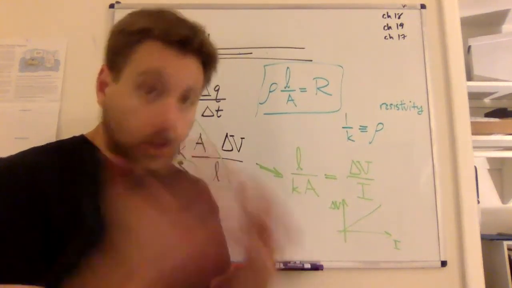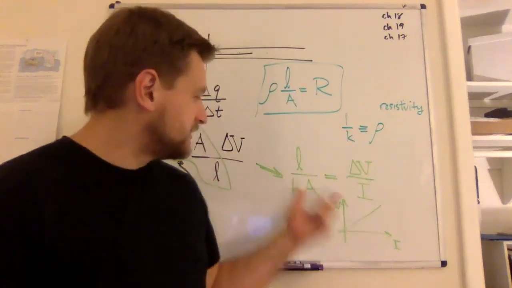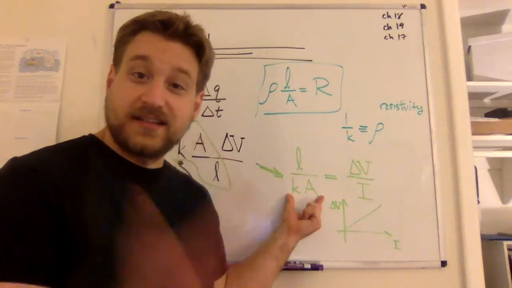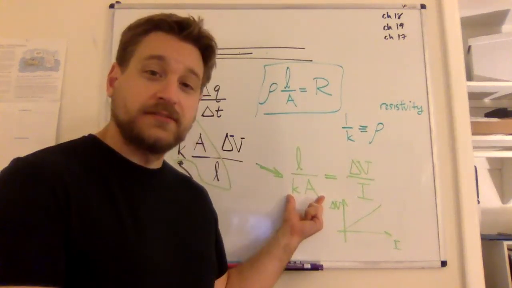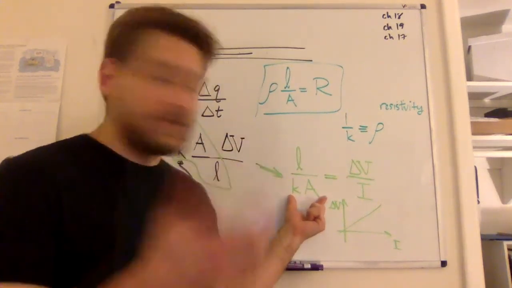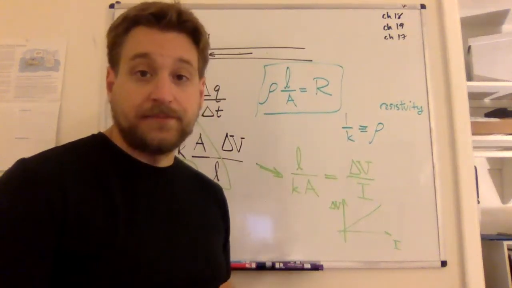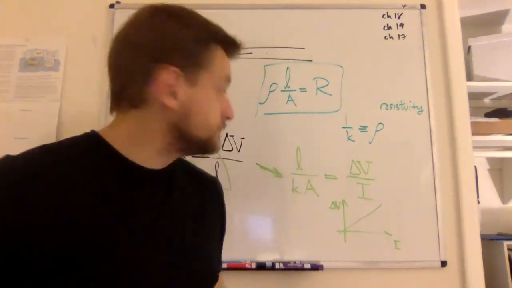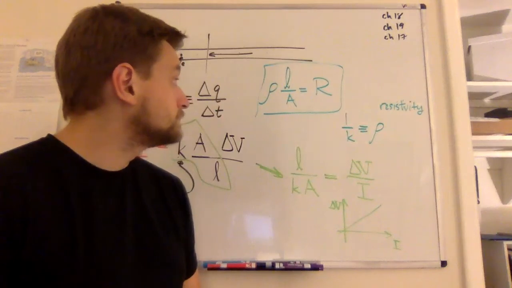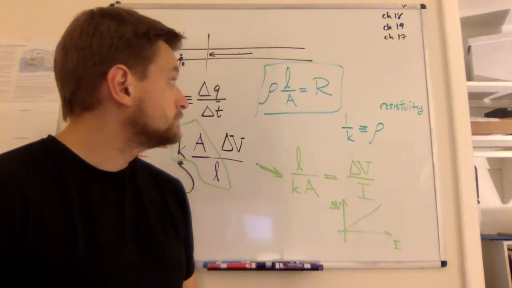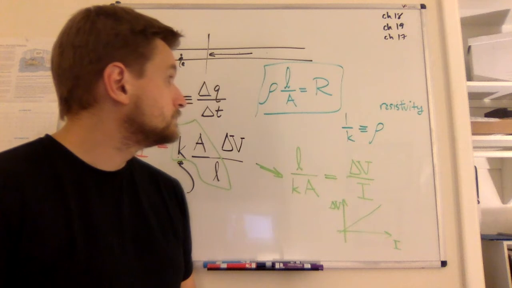What's ohmic about it is that the resistance is constant for a given geometry and a given material. The resistance is what it is. The ratio between voltage and current will always be R. Cool.